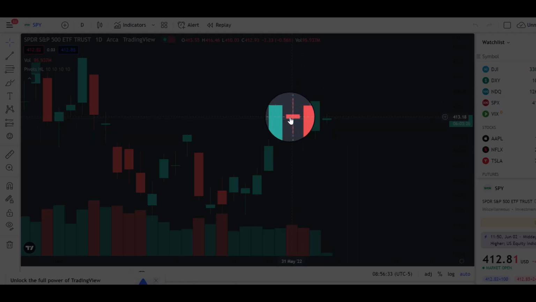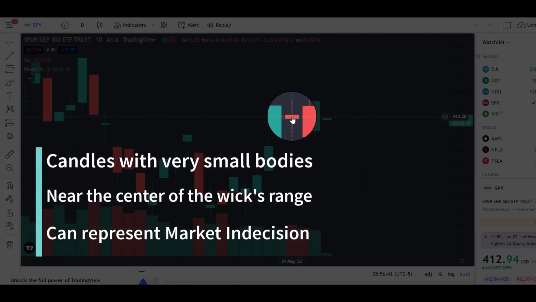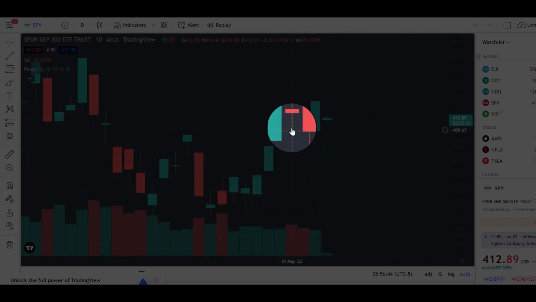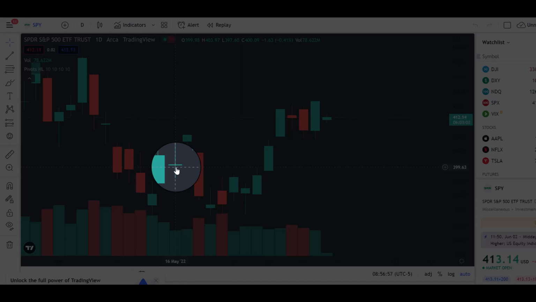This one here, which kind of looks more like a top or indecision candle, has a much smaller body with larger wicks, which means that we were very close to closing green, as would be indicated by a candle that looks somewhat like this. These are closer to indecision candles where there is really no movement in the market, with a lot of price action, but as far as the sentiment on the day, very close to unchanged.